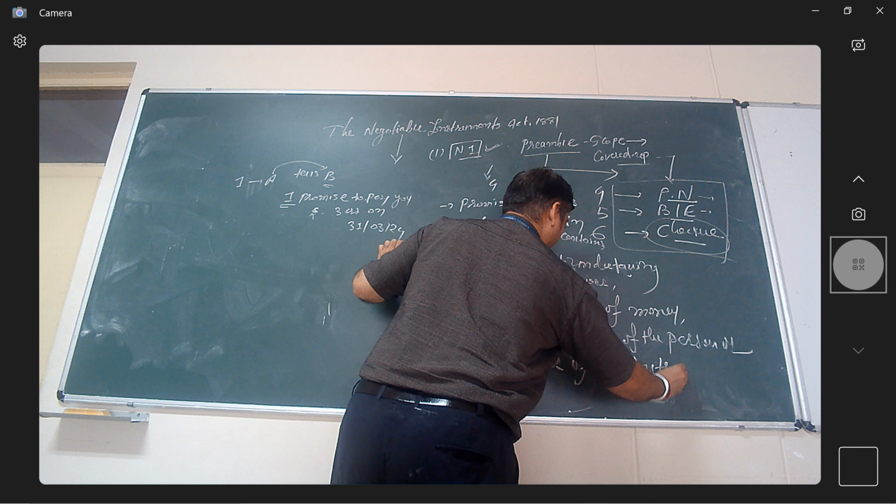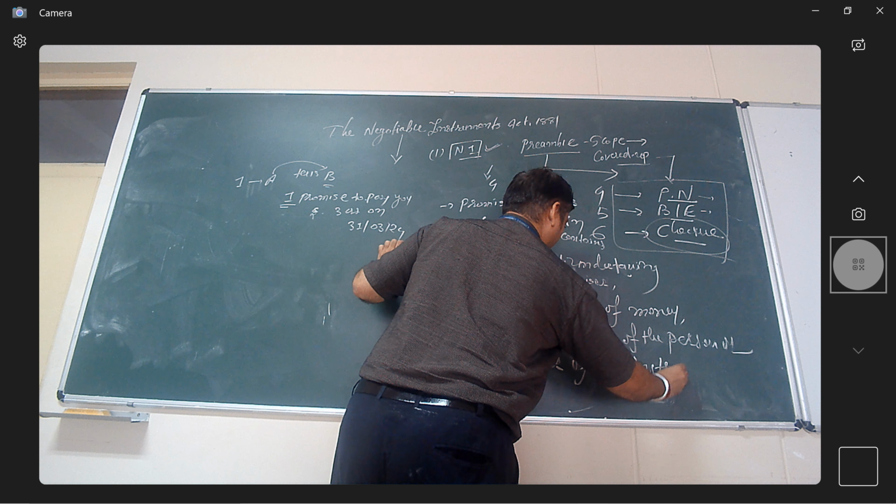Promissory note is an instrument in writing which contains an unconditional undertaking signed by the maker, signed by the promisor, to pay what? A certain sum of money. One more thing I forgot, to the specified person.